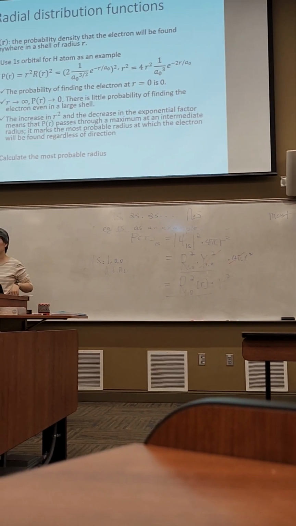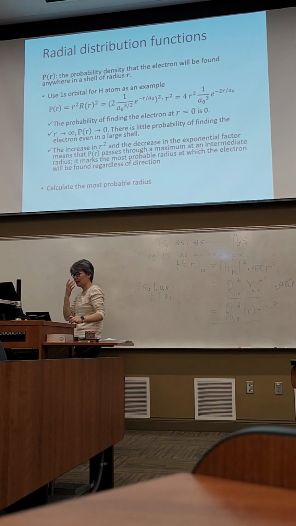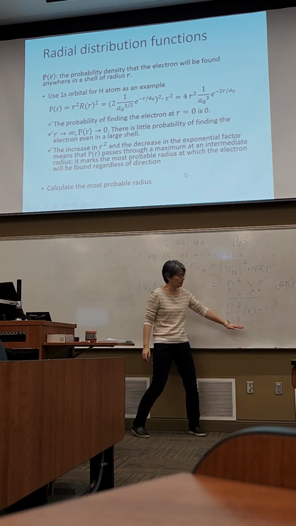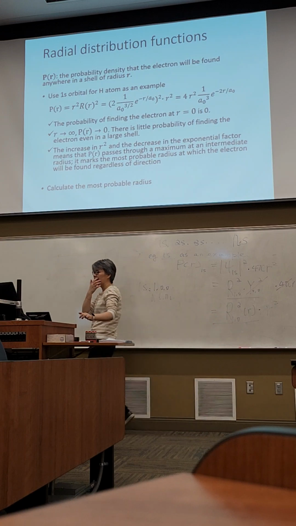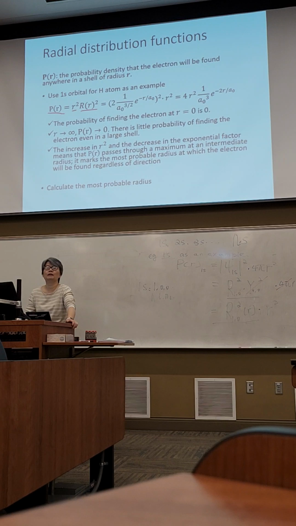Now, when you have a mathematical equation, then you can dive in more. So this is exactly what we talked about here, except now I plug in the R function. The radial distribution function equals r squared times the radial component of the wave function raised to the power of 2. Then you can plug in the functions, and this is your expression.